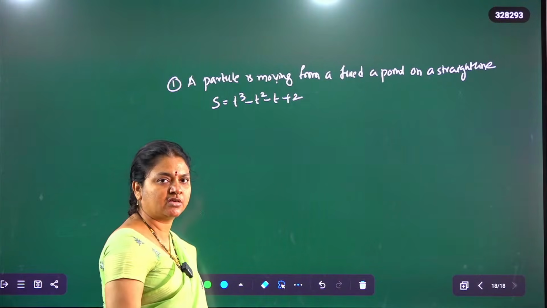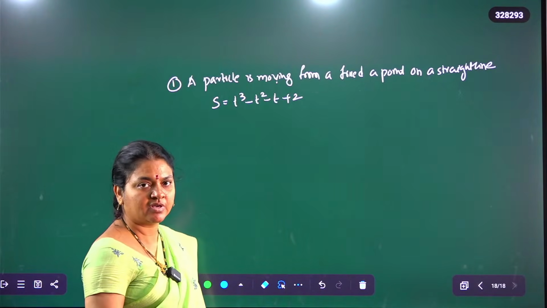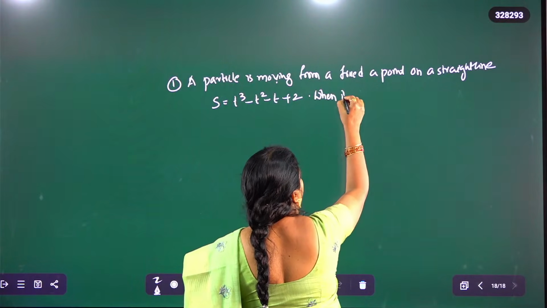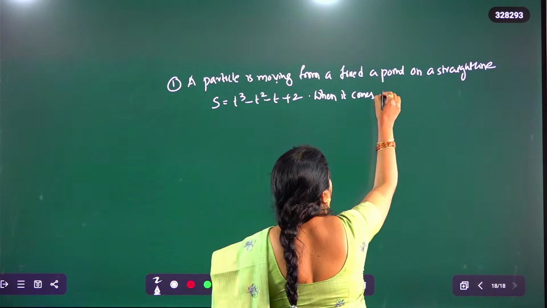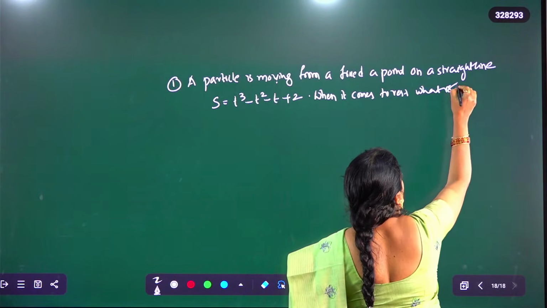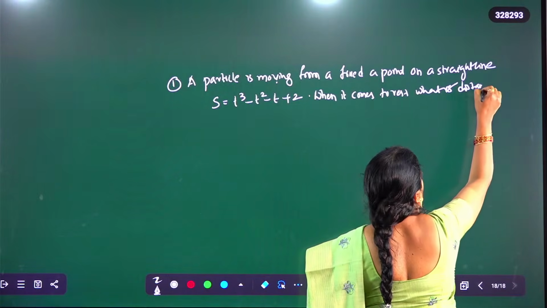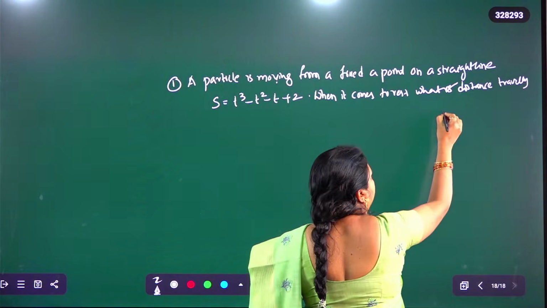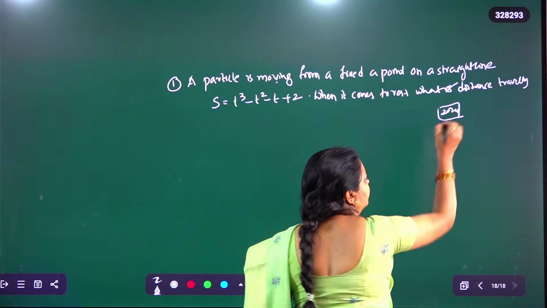This is the distance travelled in time t. The question is, when it comes to rest, what is the distance it travelled? This is a 2024 question, I think.